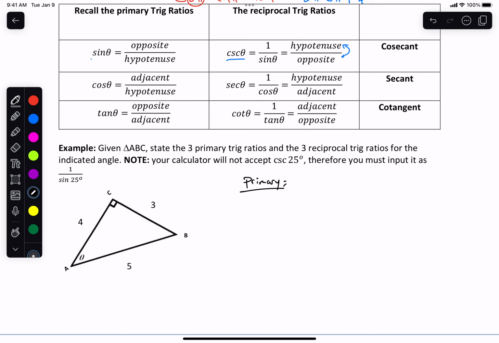So the primary trig ratios are going to be sine, and we're in reference to angle theta down here in the bottom left, so angle A. You call it sine A or sine theta, whatever. I need the cosine of theta, and I need the tangent of theta.